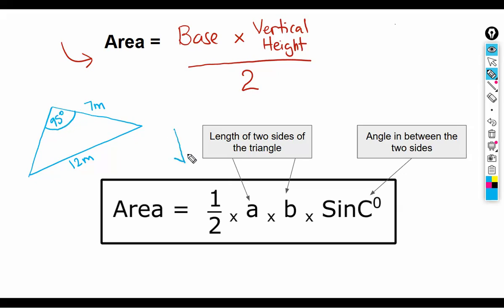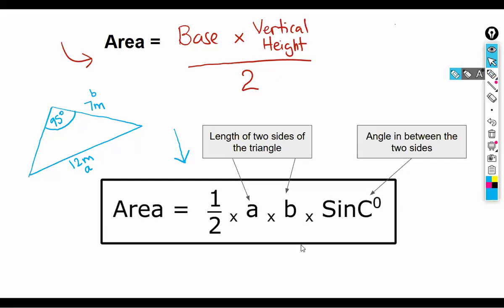Can you use this formula to find the area of the triangle? I gave you the length of two sides, so you just call them A and B. You could call this one A, and this one B, or vice versa. It won't make a difference. Can I find the area of that triangle using the formula at the bottom of the screen?